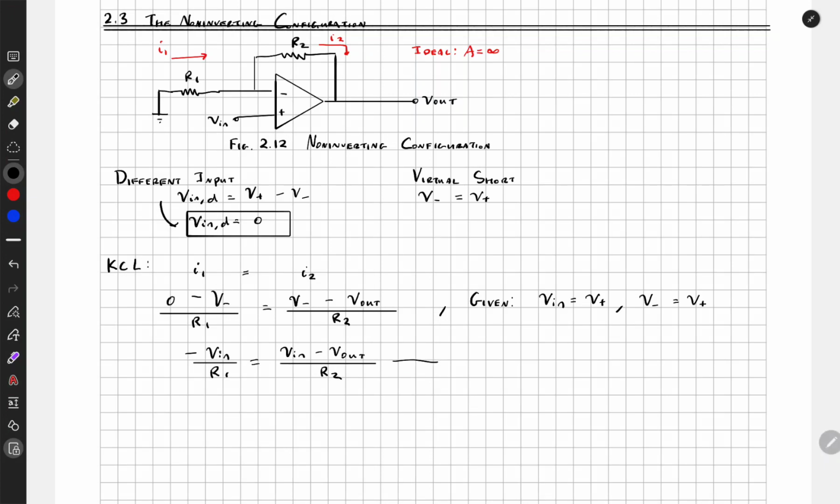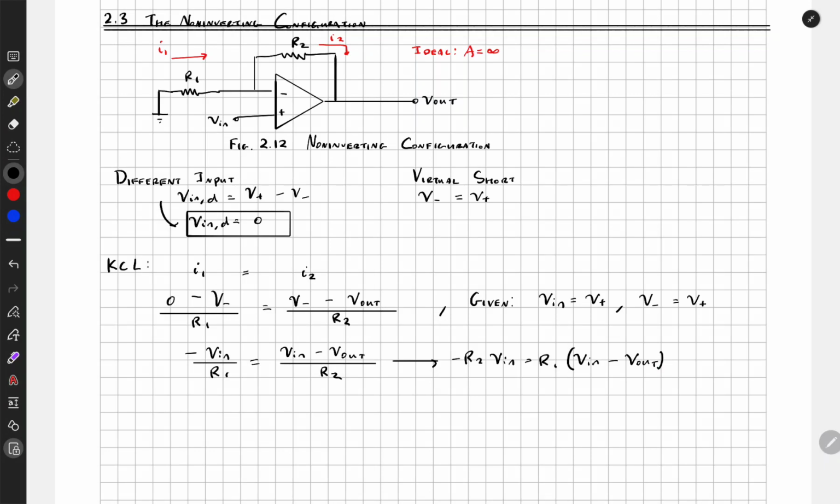Okay. What we do now is cross multiply. Negative R2 V in is equal to R1 multiplied by, in parentheses, V in minus V out.